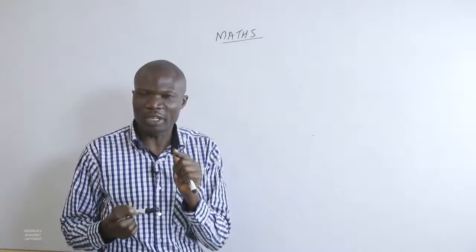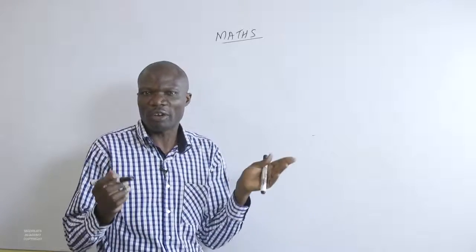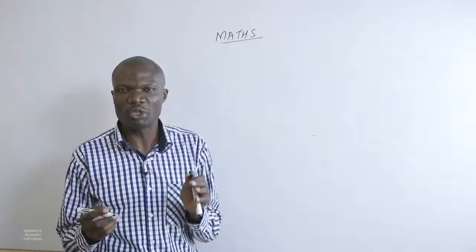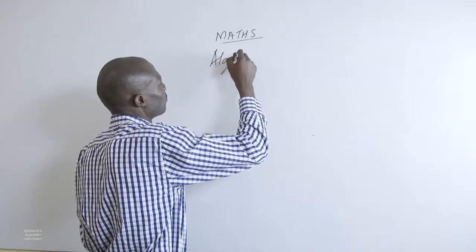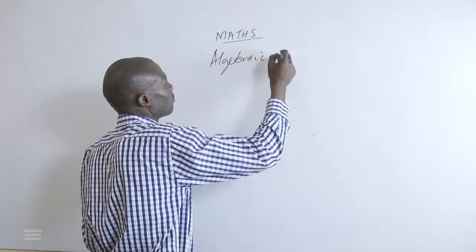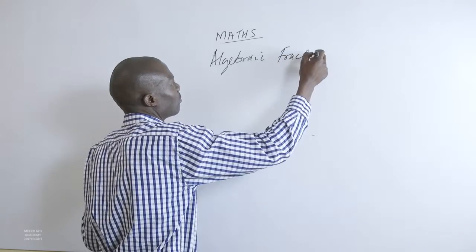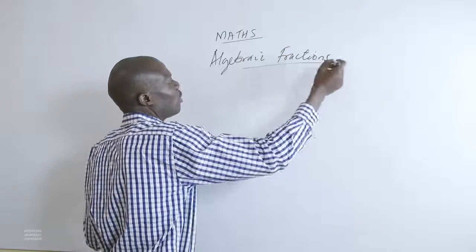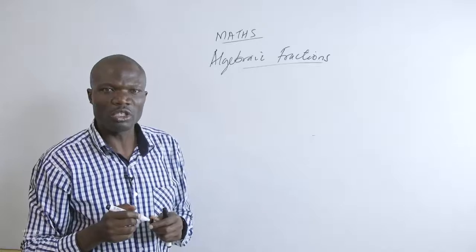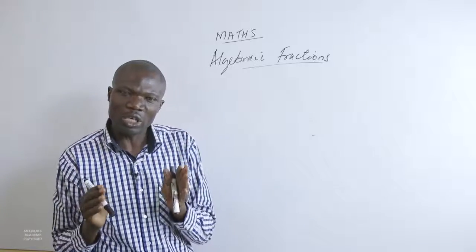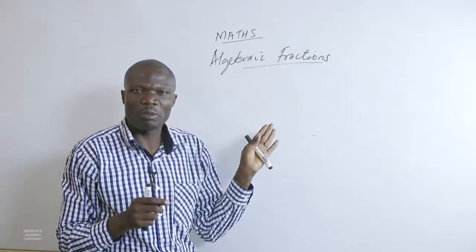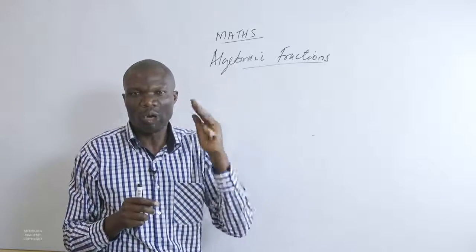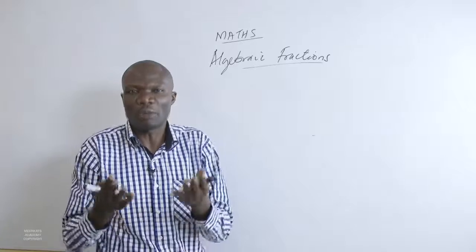I'll also remind you that besides looking at ordinary fractions, there is what we call algebraic fractions. When we talk about algebraic fractions, these are fractions where either the numerator or the denominator has a pronumeral.